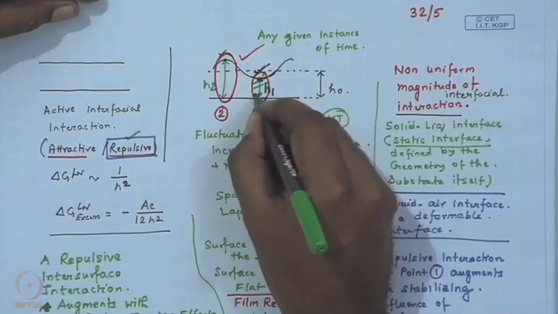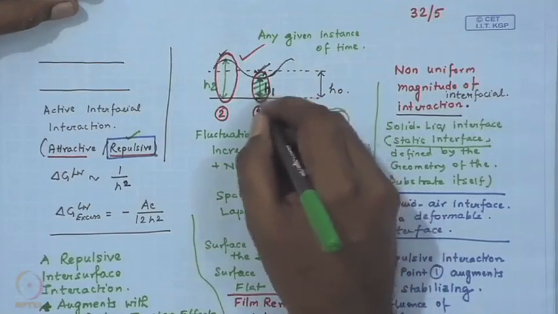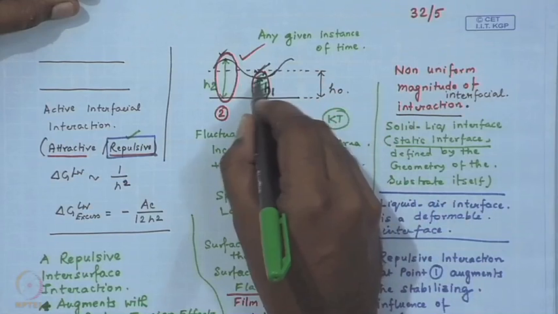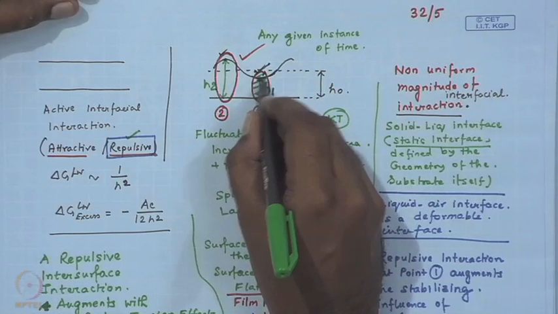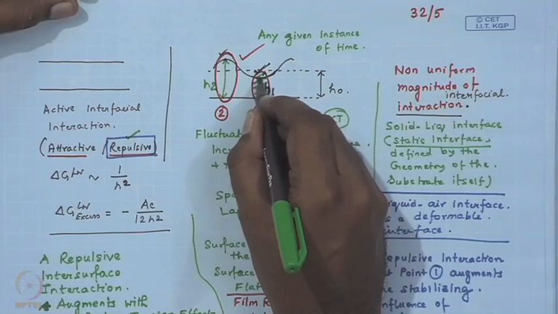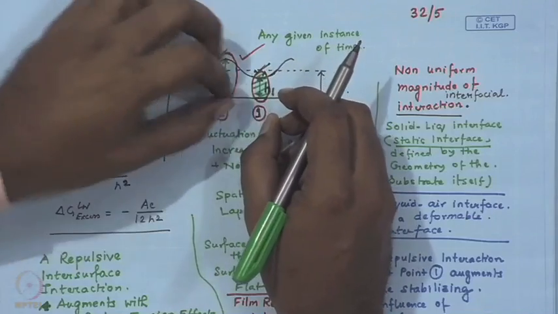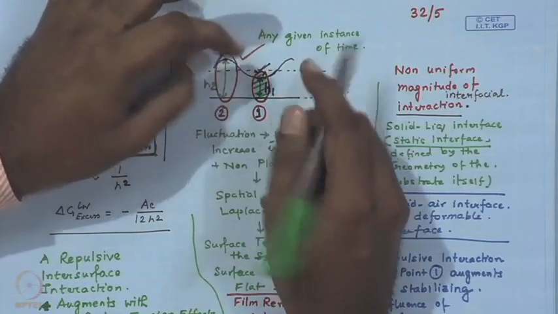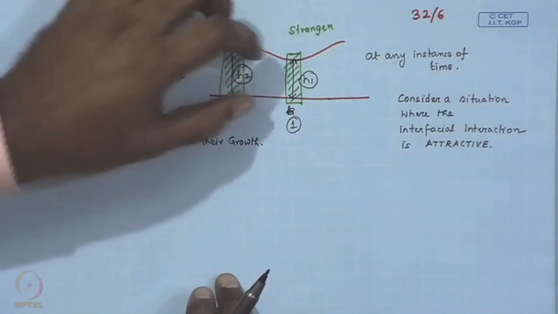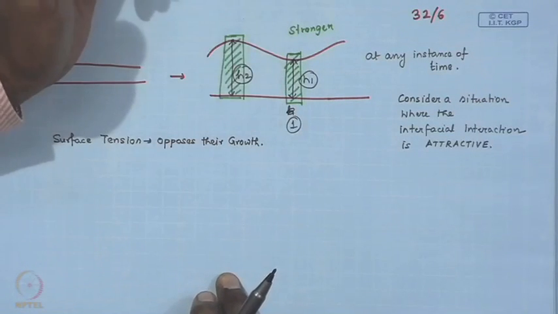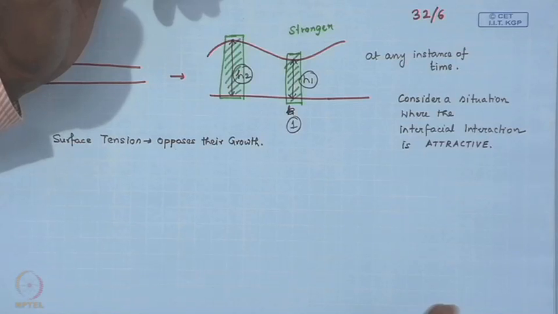Here the interaction was stronger, but the nature of the interaction was repulsive. So, the deformed liquid air interface was strongly repelled by the interfacial interaction. However, here we have a stronger interaction, but it is attractive.